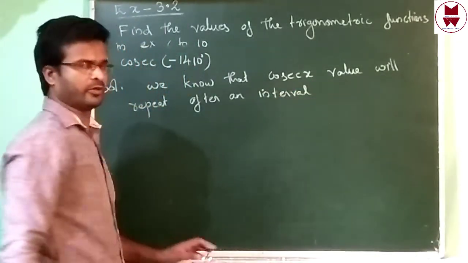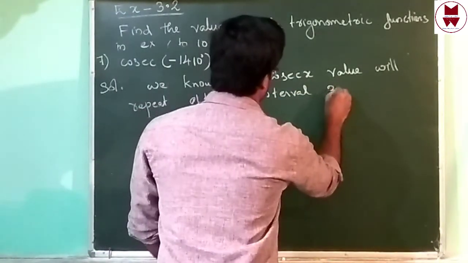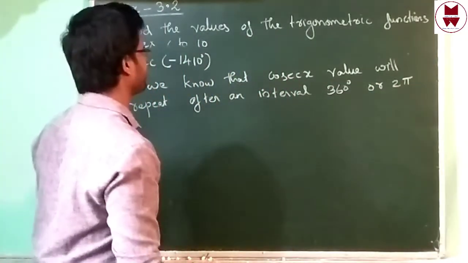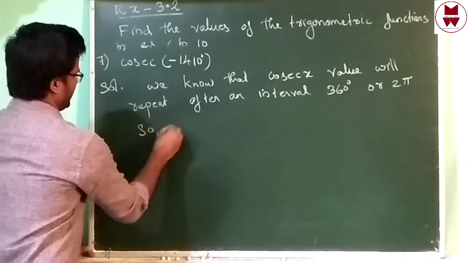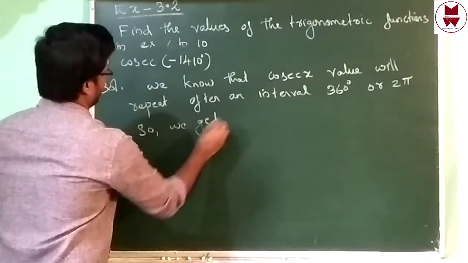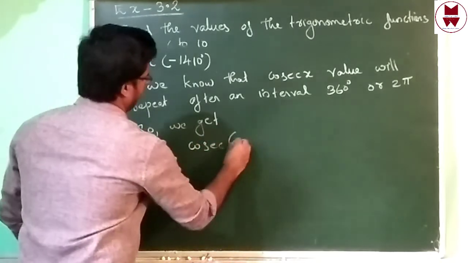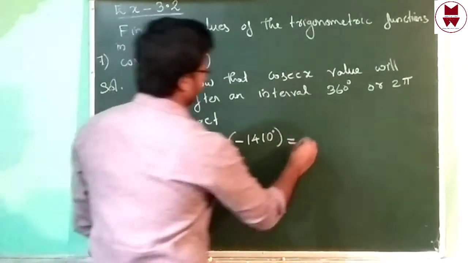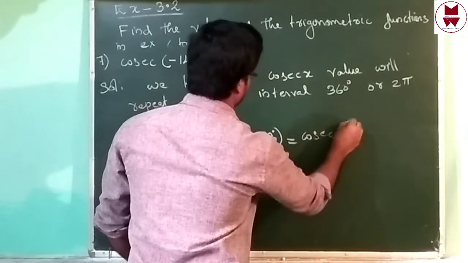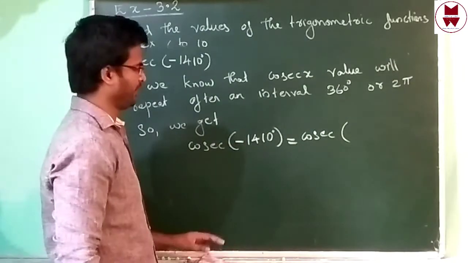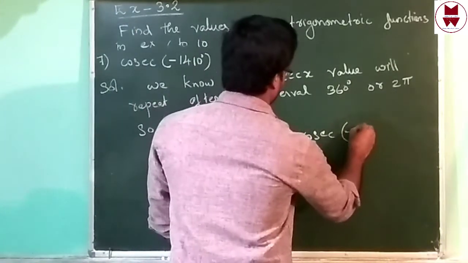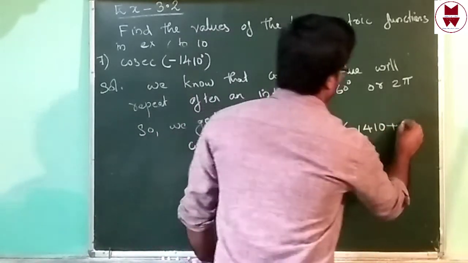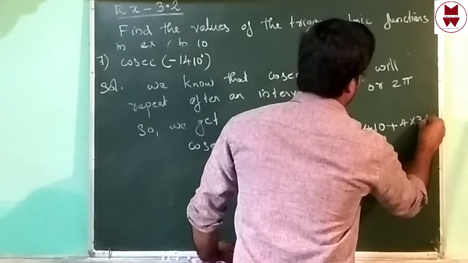Which interval? Cosec also repeats after 360 degree, or 2 pi, same. Then we get cosec minus 1410 degree. Cosec is a negative number, so we have to make that positive first, plus 4 into 360.